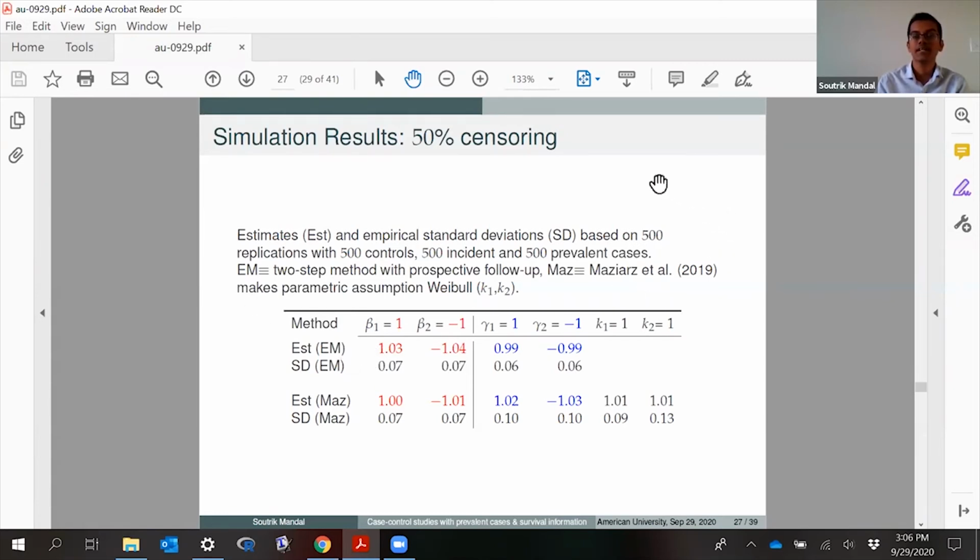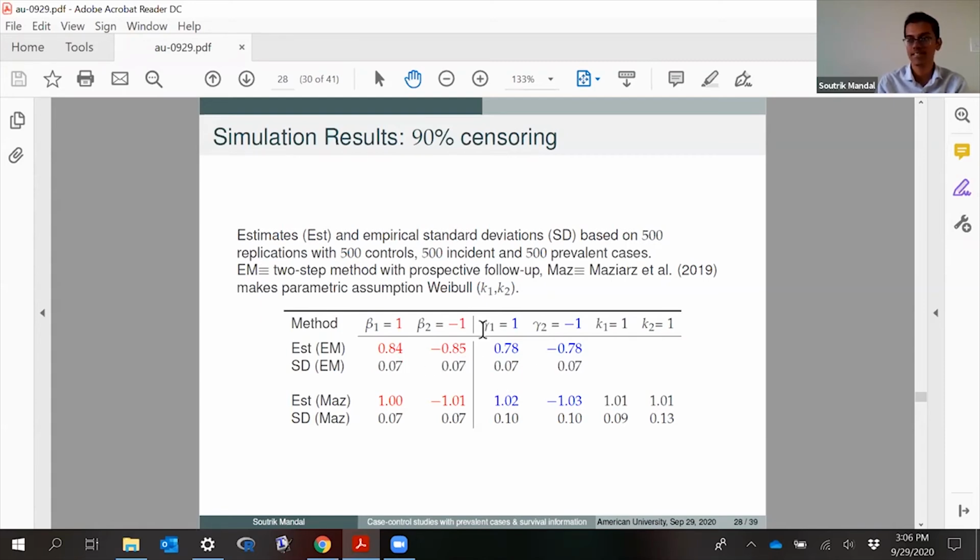Now let's consider one scenario where we increase the censoring percentage to 90% censoring, an extremely large censoring setup. And in this case, you will see bias in the log hazards parameters and the log odds parameters.